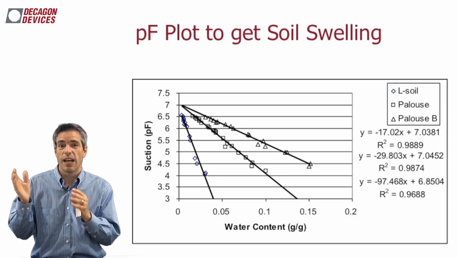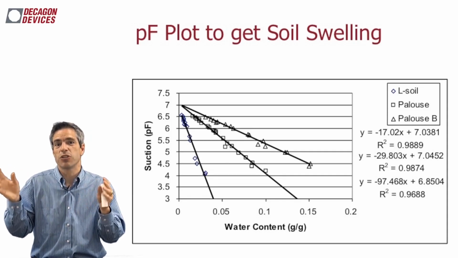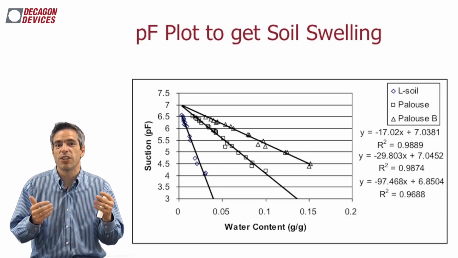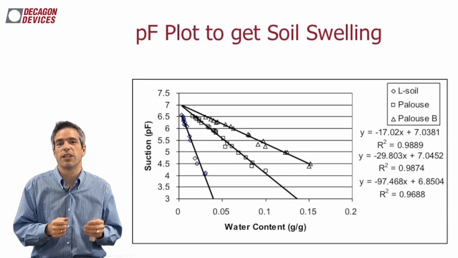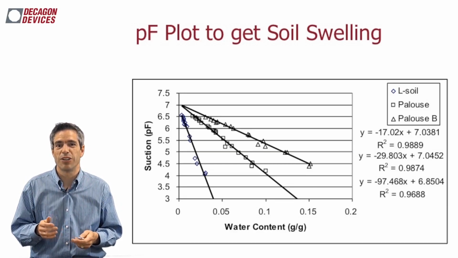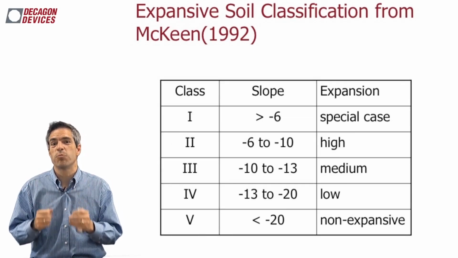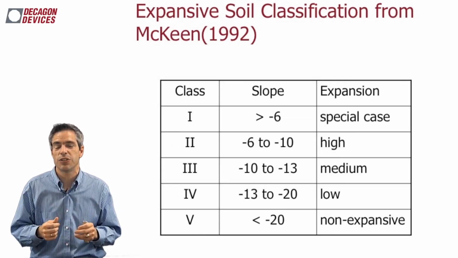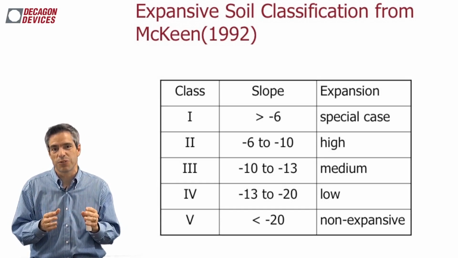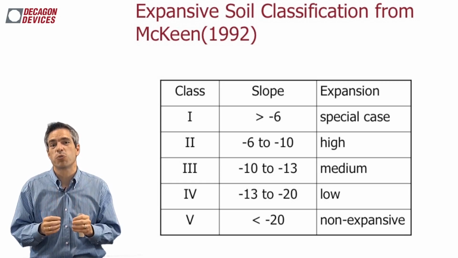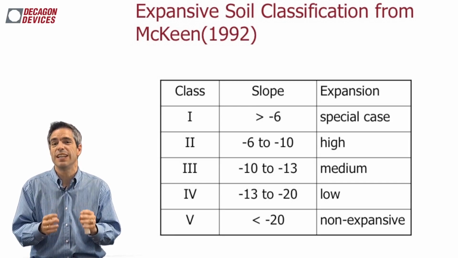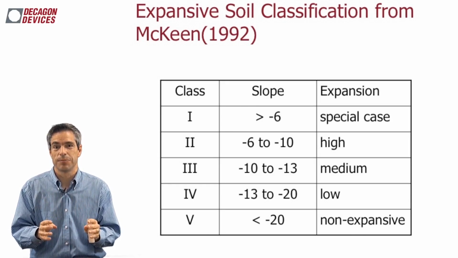So if you do that and now plot the suction, which is what they use in geotechnical engineering, and it's the negative of water potential, and you relate that to the water content, the slope of that curve we can put in this table from McKean in 1992. And the less negative that slope, the more swelling potential that soil has, and the more special consideration it will need if we build anything on it.